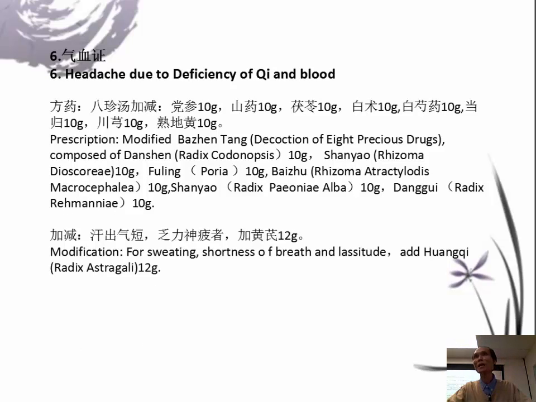And if you are lacking qi and blood, for qi you can have ginseng, for blood you can have 当归. So for qi and blood, of course, we use the four gentlemen, I mean 四君子汤, and also the four substance decoction, we call that 四物汤, together. And 4 plus 4 is 8. So totally we get 八珍汤, meaning eight pearls, I mean the eight precious drugs here.